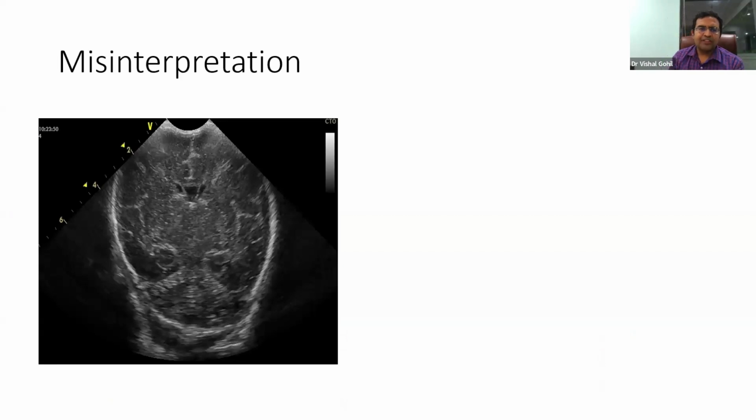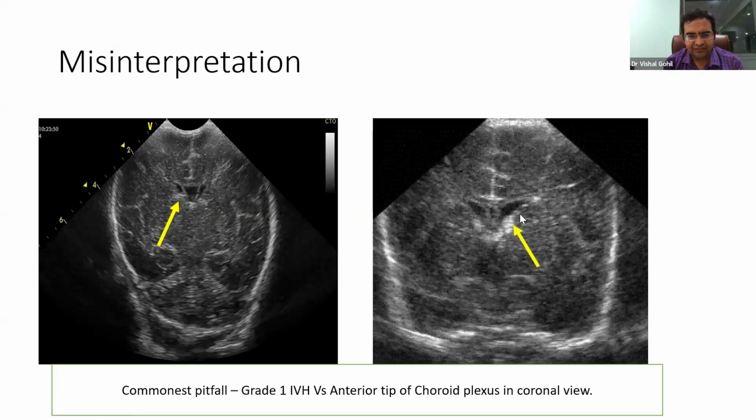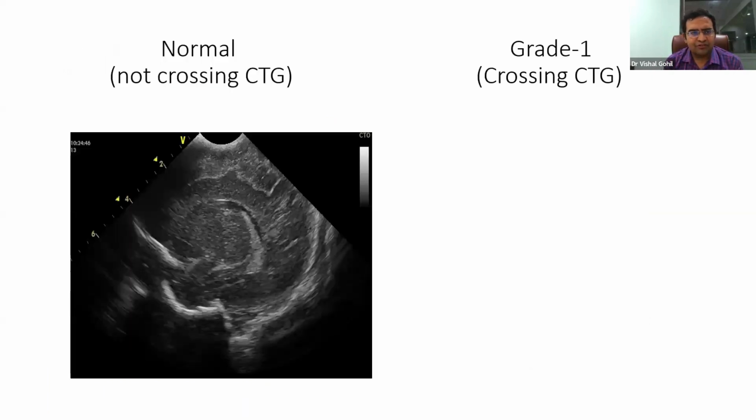Of course, there can be misinterpretation. We already discussed in the previous view that this is your mid ventricular view. You can see over here there is an echogenicity. It does look like a grade 1, but this might be the tip of your choroid plexus. To rule out whether it is normal or abnormal, we have to do the parasagittal view.